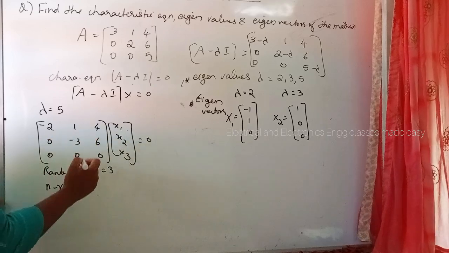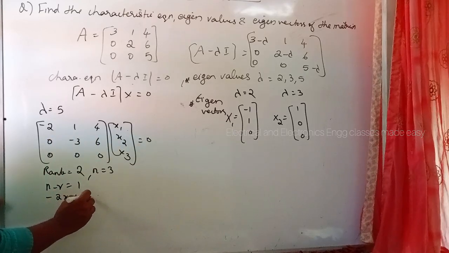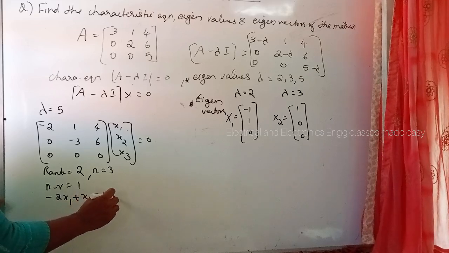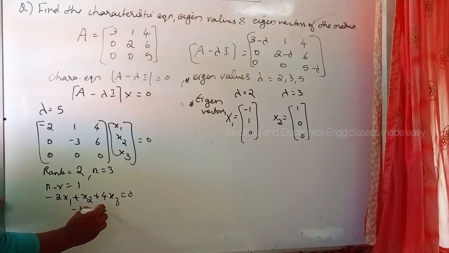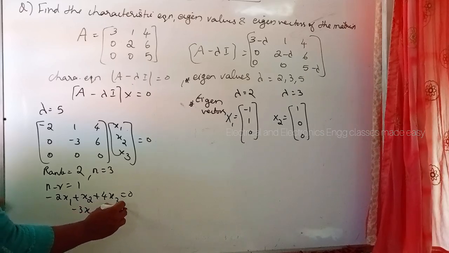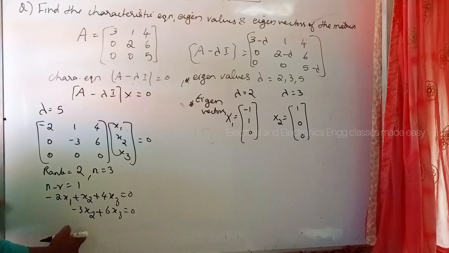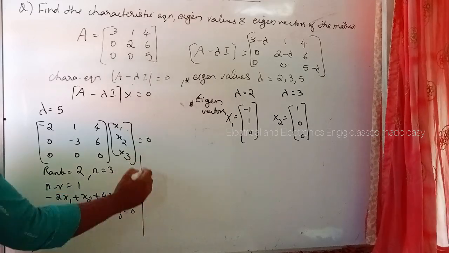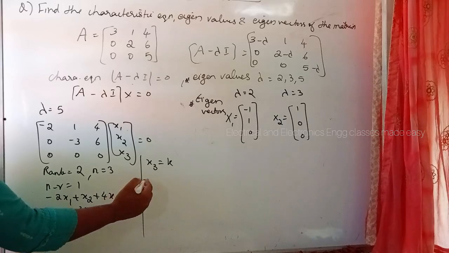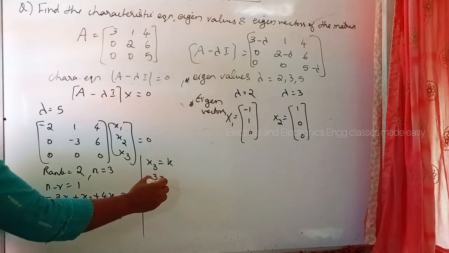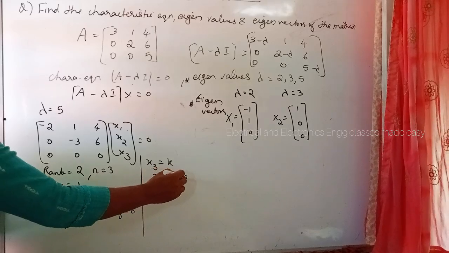So we have to assume value for n minus r variables, that is 1 variable. So from this equation we can write minus 2x1 plus x2 plus 4x3 equal to 0 and minus 3x2 plus 6x3 equal to 0. So let us assume value for x3. So let x3 equal to k, then minus 3x2, or we can write plus 3x2 is equal to 6x3.